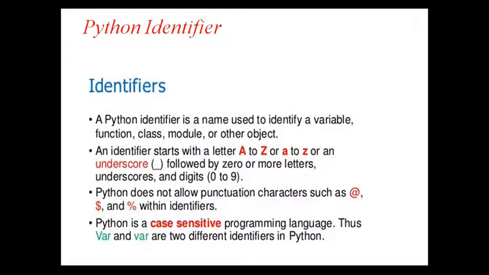The identifier can be a combination of elements like uppercase, lowercase, digits, underscore, etc. Any keyword is not permitted to act as an identifier. The first letter of an identifier should not be a digit. Special characters like exclamation, @, hash, etc. are not permitted as part of an identifier.